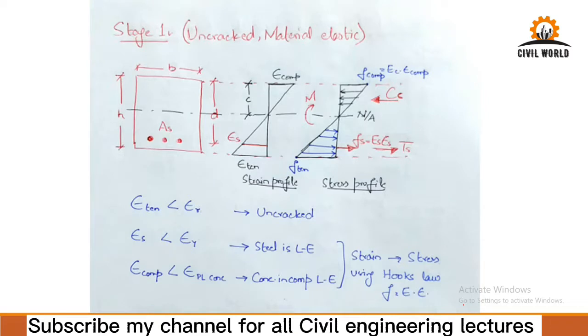So, discussing these stages in detail, stage one is where there is an uncracked section and materials are linear elastic. This is again the same cross section.